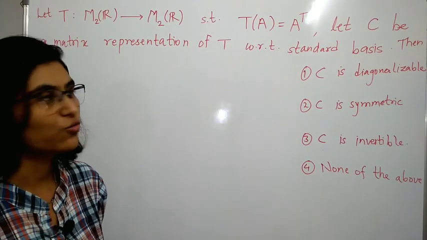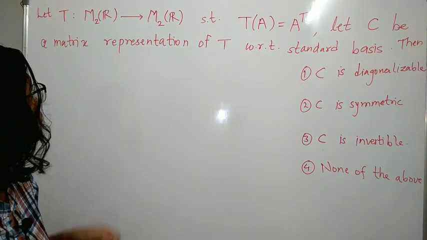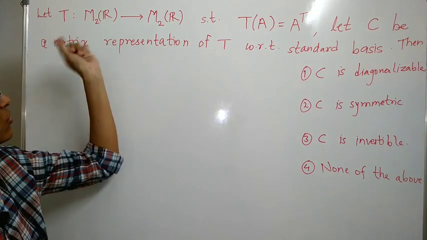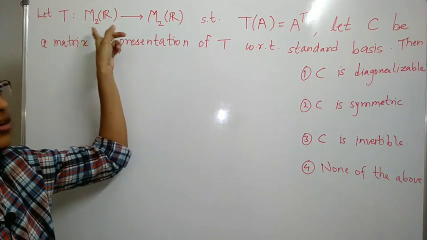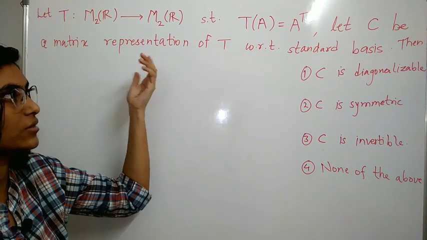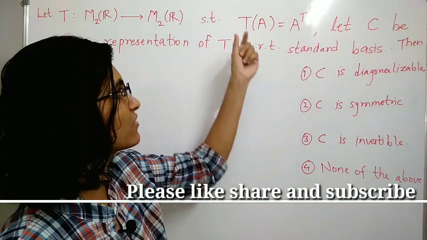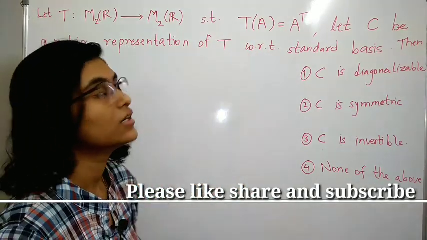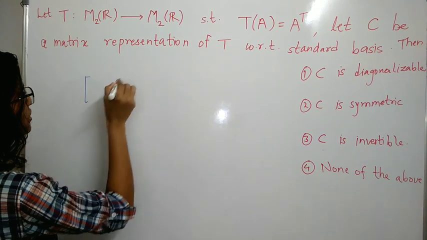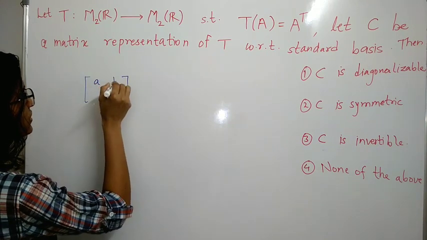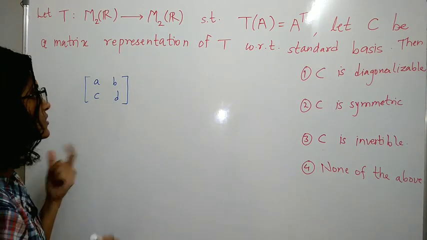So this question involves so many concepts from linear algebra. First, we should know the standard basis of this vector space M2(R), the set of all 2 by 2 matrices over real numbers. Then, how to find the matrix of T, and so on. Let us look at the matrix A, B, C, D. It is a 2 by 2 matrix over real numbers.